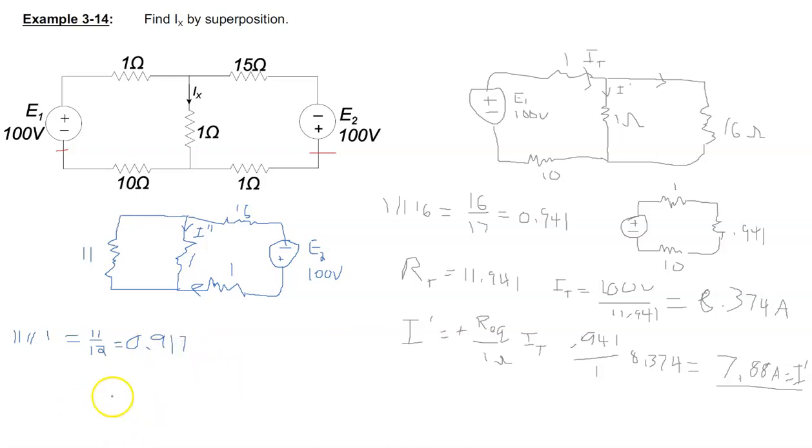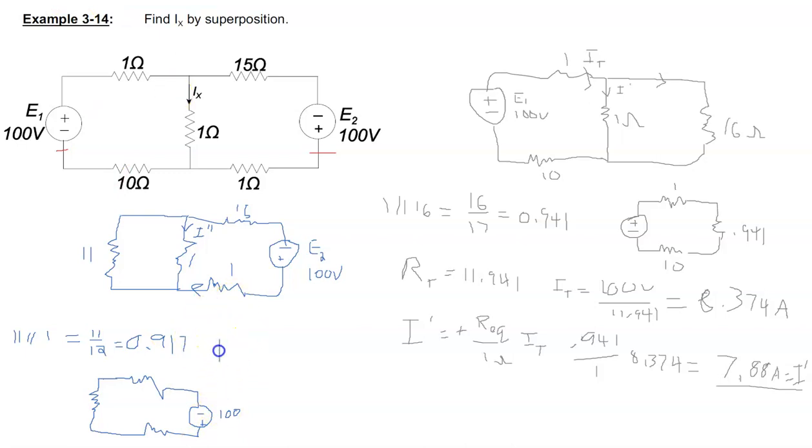In any event, 11 in parallel with 1 is 0.917. And if we redraw the circuit then, we have that 0.917, we have the 1, we have the 15, oh, my drawing is getting worse, and the 100 volts over here with the plus sign on the bottom. And so now that means that RT then will be equal to the sum of all of those.